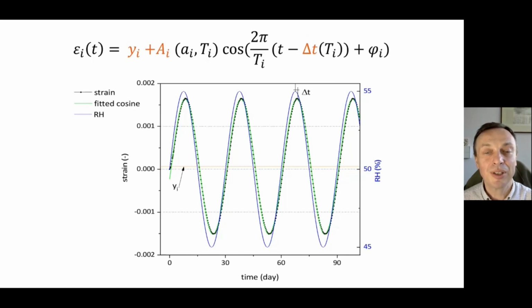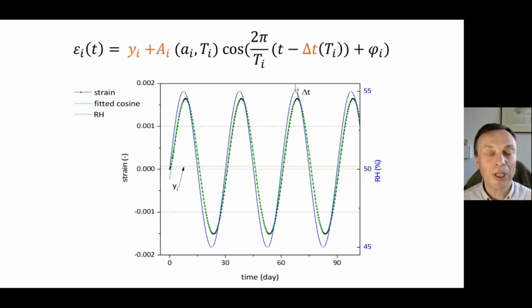As you can see here, the strain is a little bit shifted up. Why is it so? There are two reasons for that. The one is that the moisture absorption curve is a little bit higher at higher relative humidity, so wood absorbs more at the same change of relative humidity variation, and also the diffusion coefficient at high relative humidity is larger than at lower relative humidity.